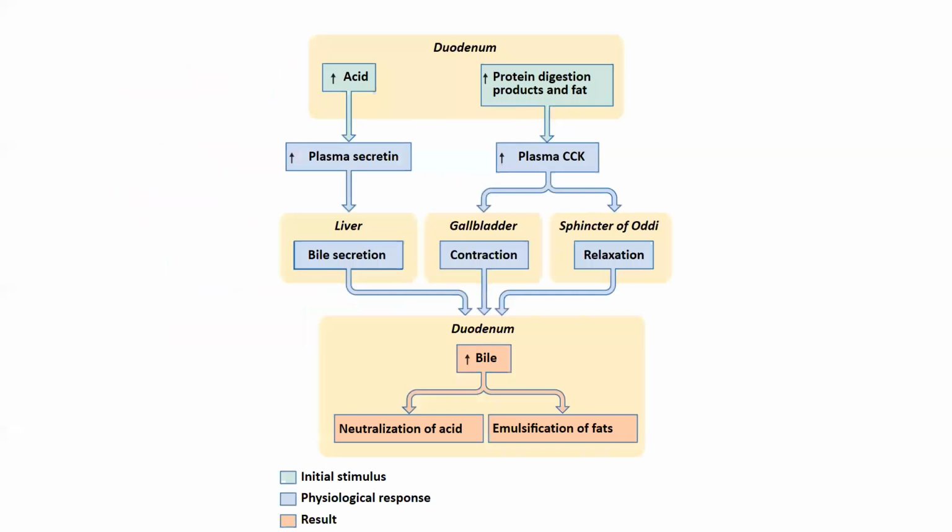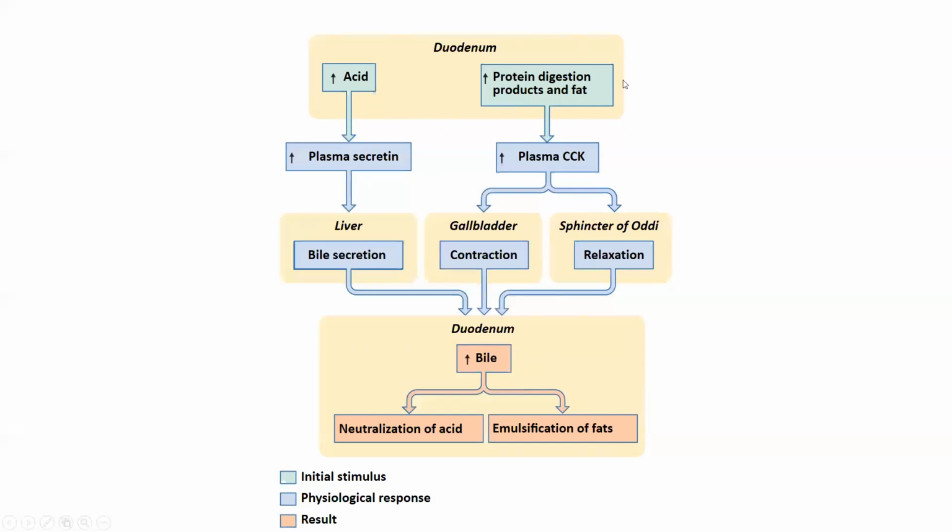All right, let's look at another flow chart here. So we said the presence of acid in the duodenum is going to encourage secretin release, and the secretin release is going to encourage bile secretion from the liver, specifically telling the liver cells to secrete more bile.